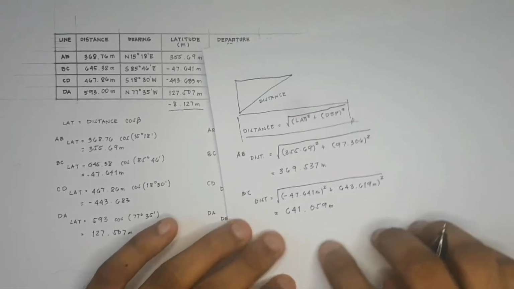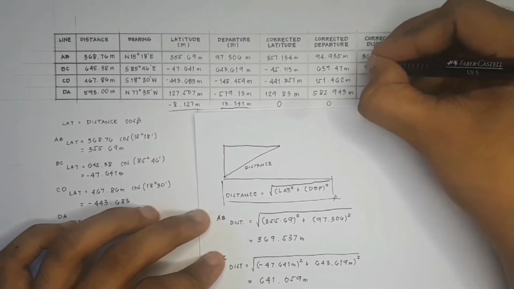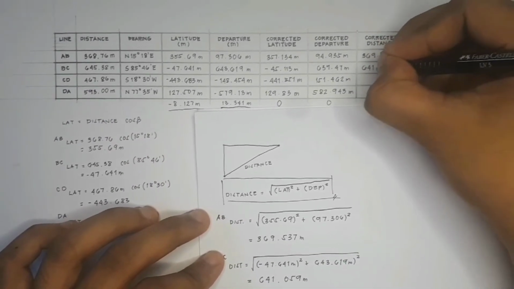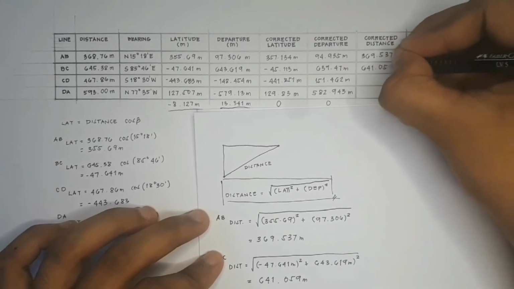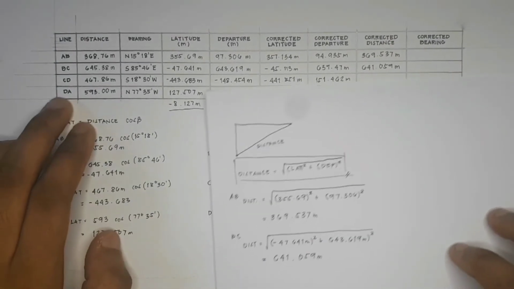So this will be our corrected distance for line BC.